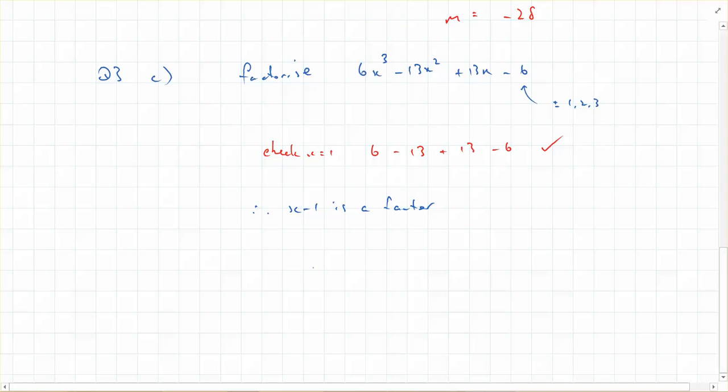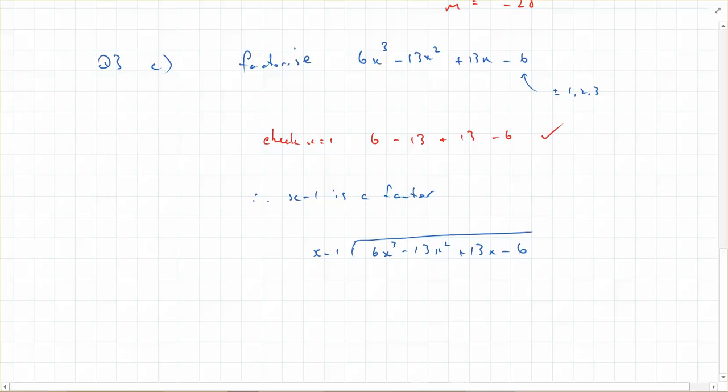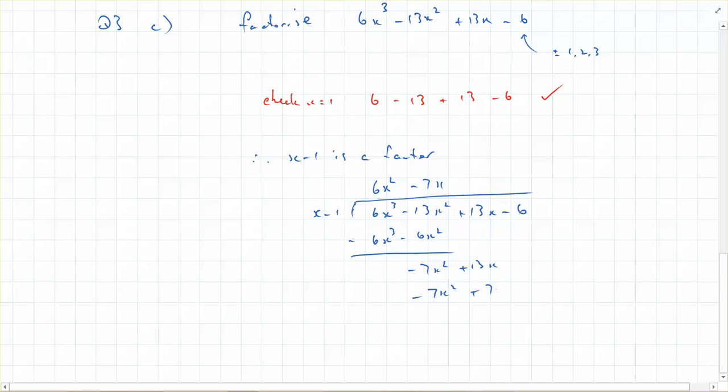And therefore I'm now going to do a division of x minus 1 into 6x cubed minus 13x squared plus 13x minus 6. Because I'm running out of time, this will be 6x squared here, so I get 6x cubed minus 6x squared, doing a subtraction, so I end up with minus 7x squared, is 13x, so minus 7x here, minus 7x squared plus 7x, so I end up with 6x minus 6.